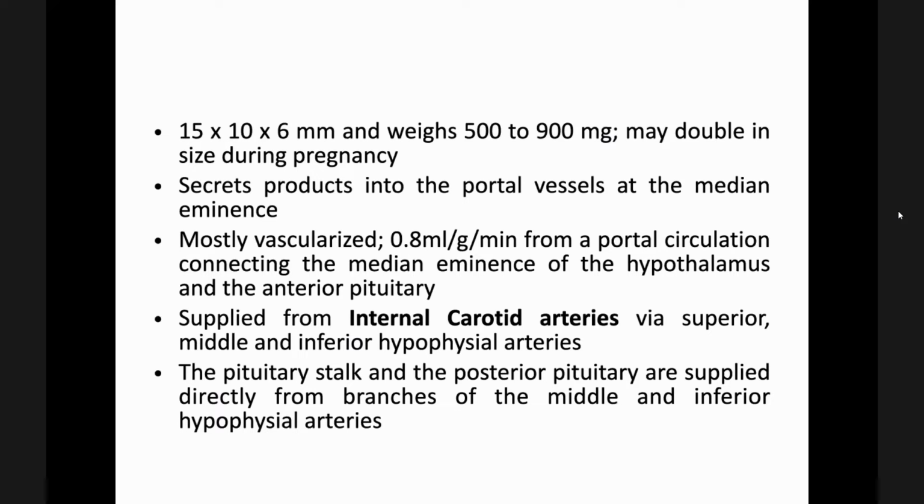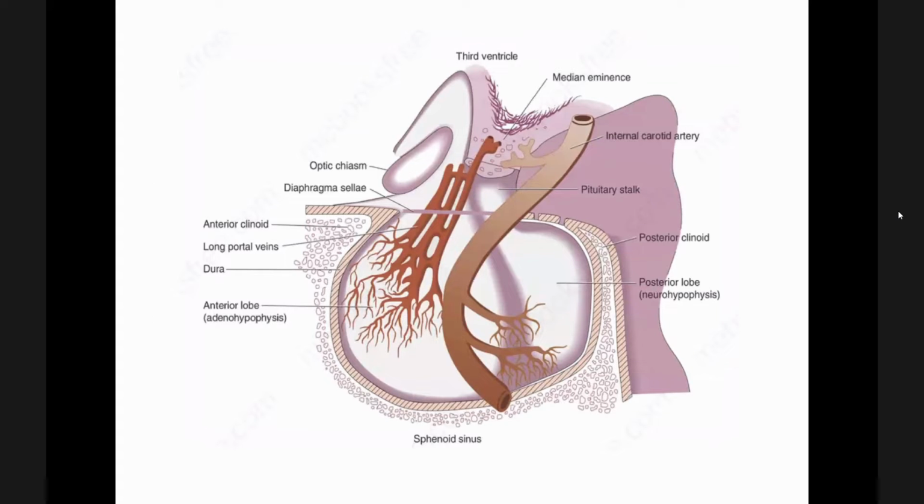The pituitary gland is supplied by branches of the internal carotid arteries, which we call the superior, middle, and inferior hypophyseal arteries. So you can see here, this is the sphenoid bone, with the sella turcica inside.